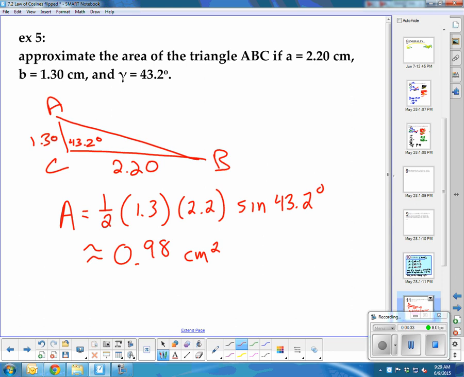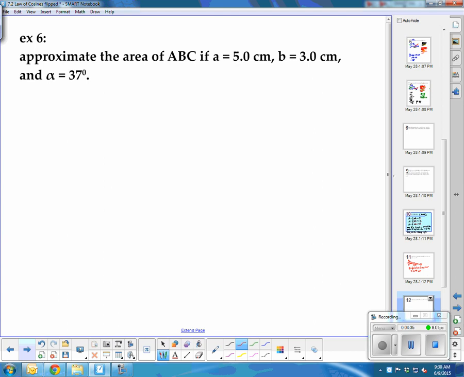Let's see if I have another example here. I do. Approximate the area of ABC, where I've got A, B, and alpha. So this might require a little more work to figure out what's going on based on the information, using the law of sines and the law of cosines to get us there.